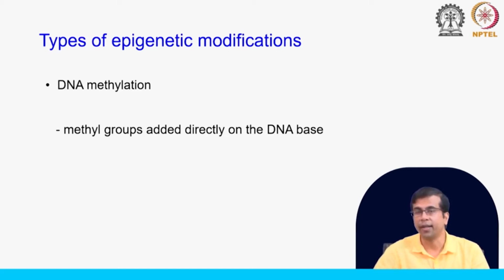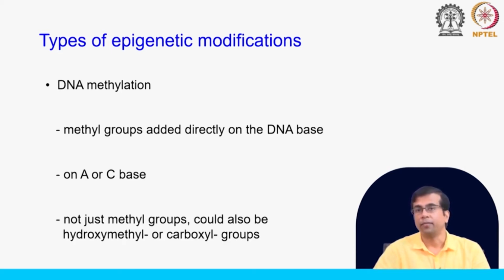So, if you have the DNA strand, you have these methyl groups added to the bases, and most of these additions happen on A or C bases, right. This is commonly studied, and we have seen this in prokaryotes as well as in eukaryotic systems. And also what we see now is that these are not just methyl groups, there could also be hydroxymethyl or carboxyl groups that are added on top of these bases. Okay.